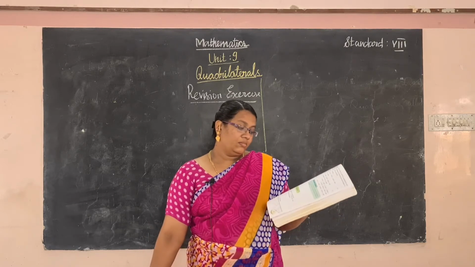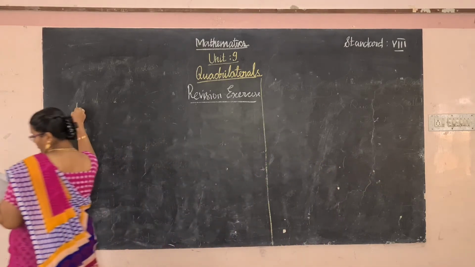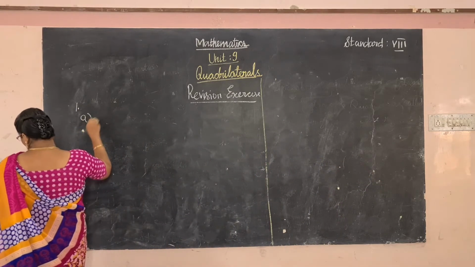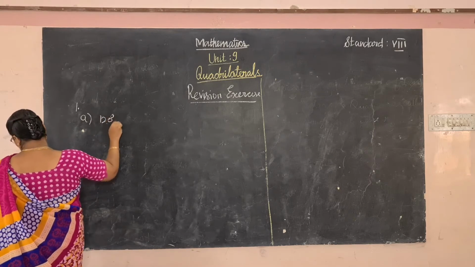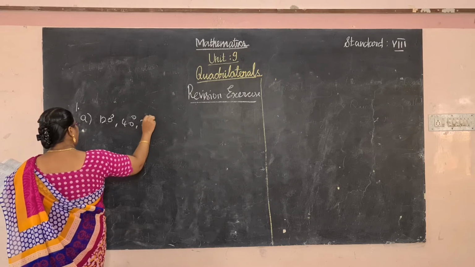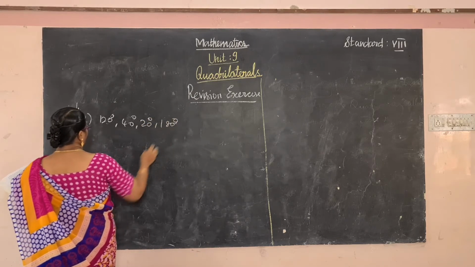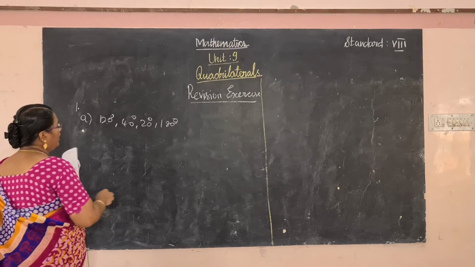Okay, check the first one. 120 degree, 40 degree, 20 degree, 180 degree. Okay, so what is the angle sum property?